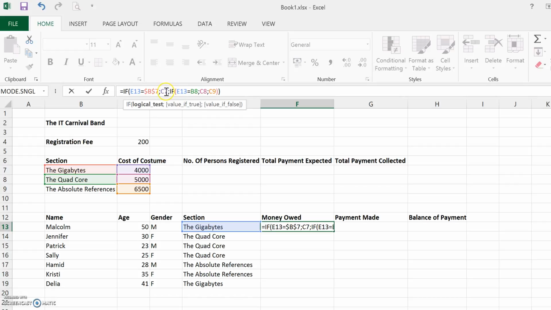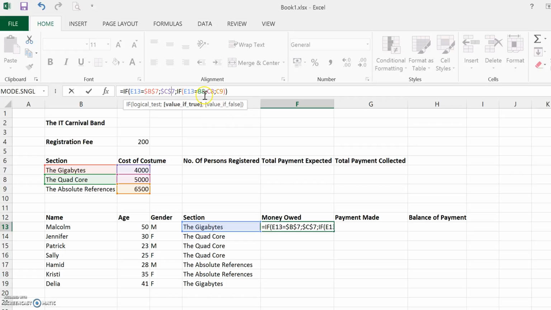Here now, the value if true, if the person is in the gigabytes, the cost of their costume is going to be $4,000, which is in C7. I don't want that to change either. It's always going to be $4,000 if they're in the gigabytes. So I'm going to use absolute cell referencing here as well. So let's see this comparison.